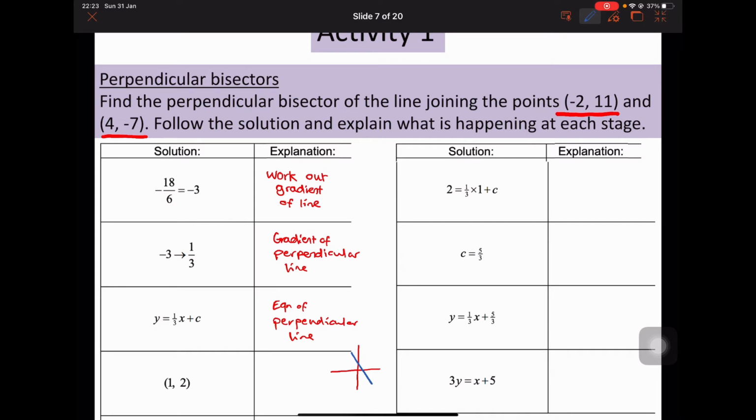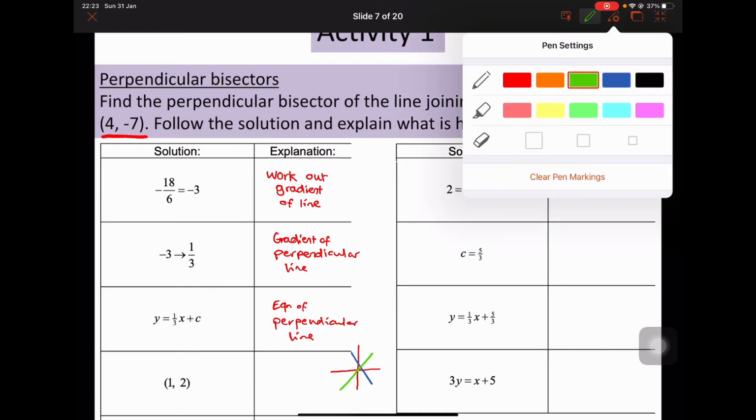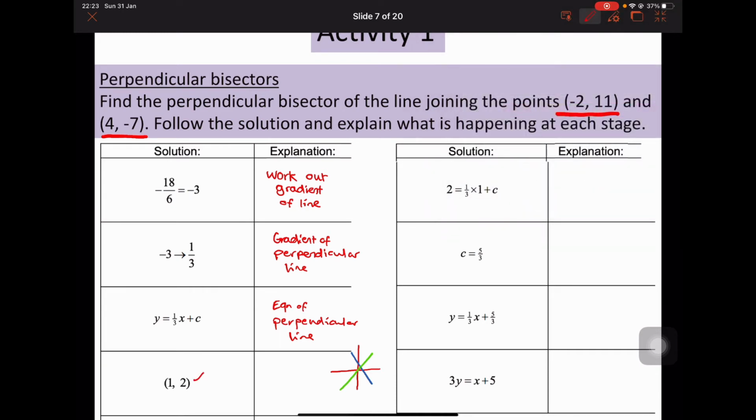And we need to work out the equation of the perpendicular bisector, right? So let's draw the perpendicular bisector. So 1, 2 is the midpoint of the 2 points I've underlined. So midpoint of this point and this point. The reason why we need to work out the midpoint is because we need to find the perpendicular bisector. And so we need this point over here. We need the midpoint. So the midpoint is 1, 2.